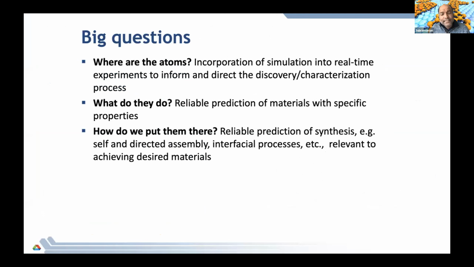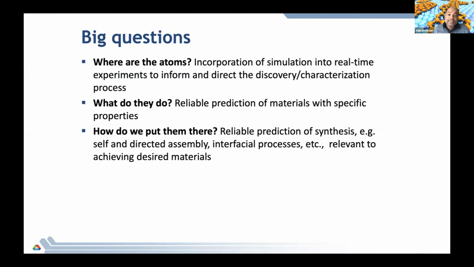In terms of the scientific questions, what we are interested in are questions such as: where are the atoms? Can we incorporate simulation into real-time experiments to inform and direct the discovery and characterization process? We are interested in what these atoms do. Can we make reliable predictions of materials with specific properties?